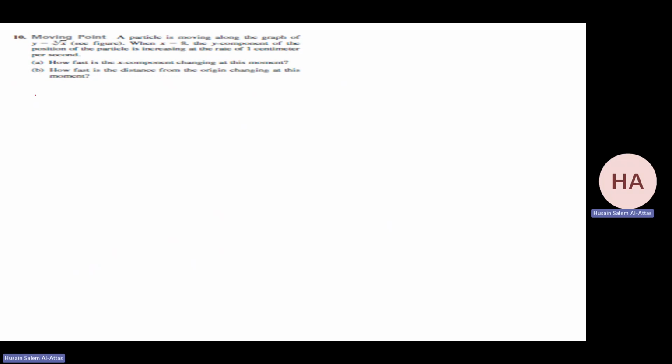I have y equal cube root of x, which is x to the power 1 over 3. That implies dy by dt. It's a related rate, so I need to find dy by dt anyway: 1 over 3 x to the minus 2 over 3 dx by dt. Part A. What is the information given?